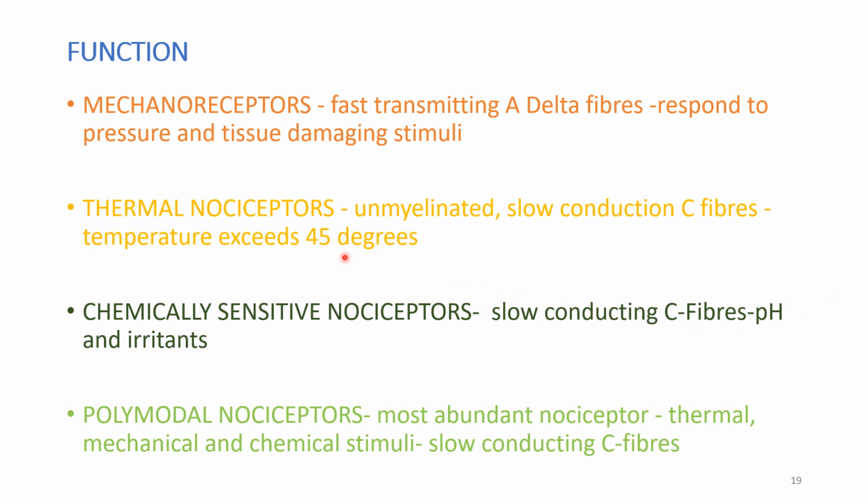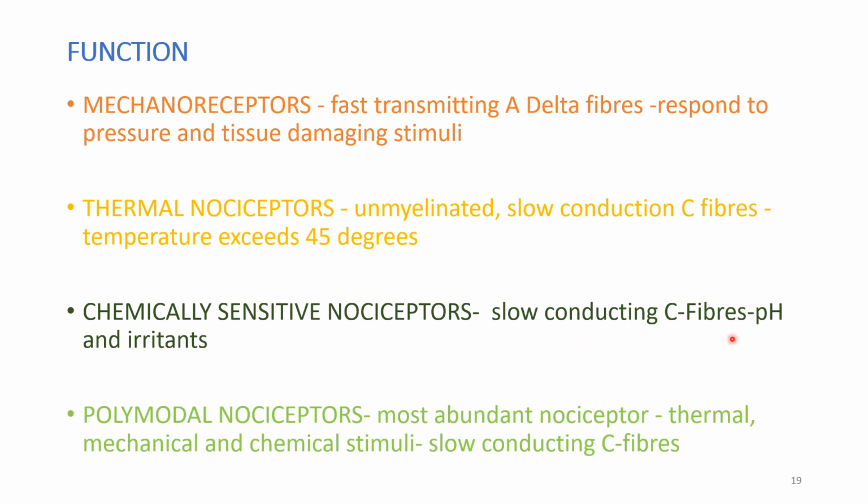What is the function? Here, they will carry information from the mechanoreceptors. So, these are the A delta fibers which are fast transmitting and respond to pressure and tissue damaging stimuli. And they will carry information from the thermal nociceptors which are unmyelinated slow conducting C fibers. They will be activated when the temperature exceeds 45 degrees. And chemically sensitive nociceptors are also slow conducting C fibers.